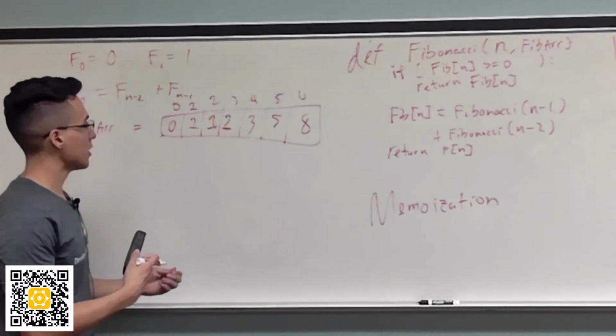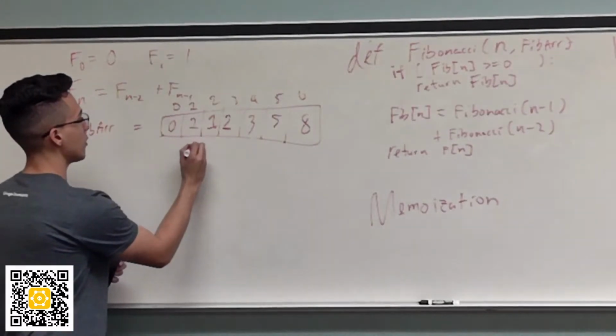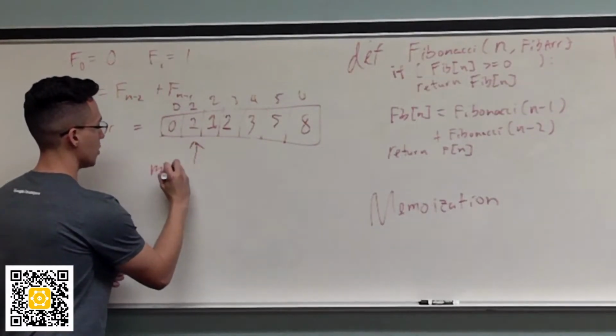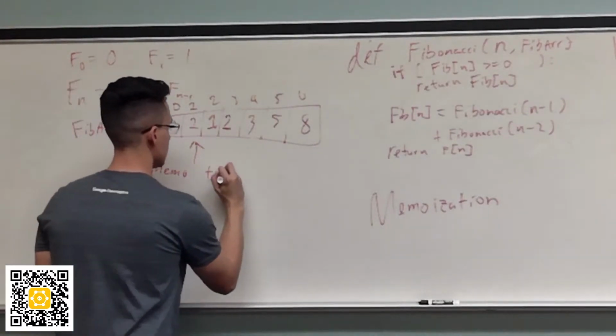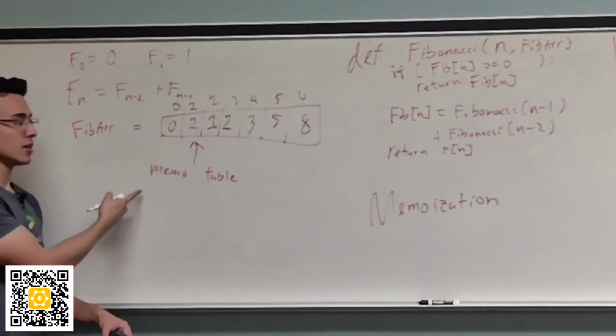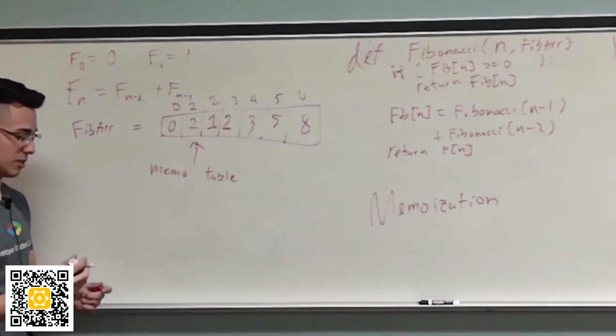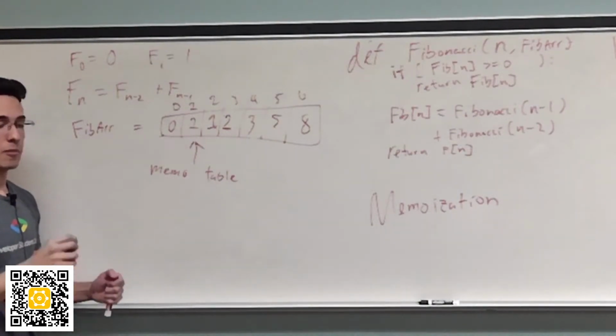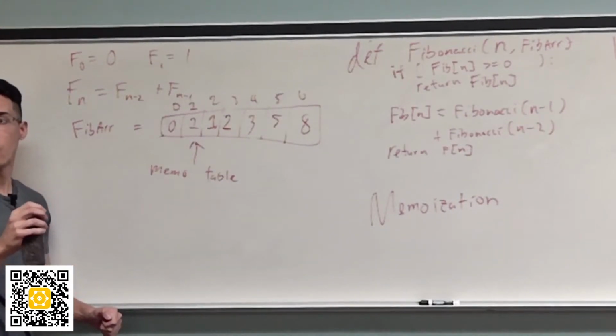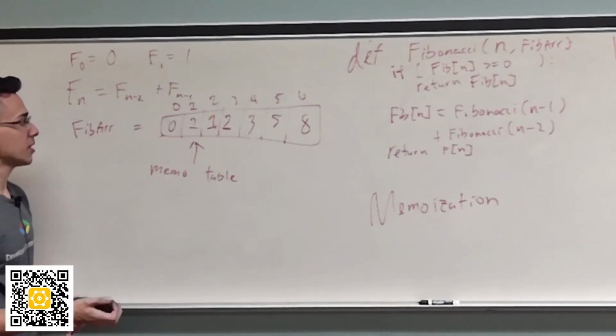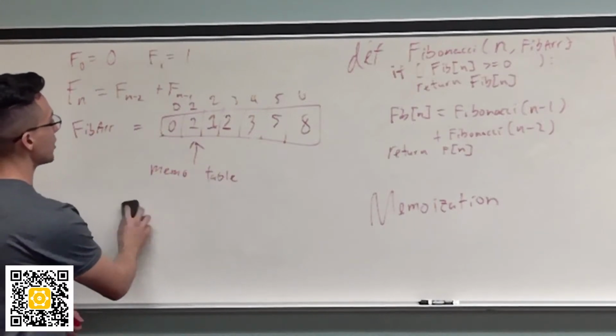Okay, so this array that we made would be called the memo table, right? That's what this is. This is the memo table because we want to make a memo of what we've already calculated. And then this is fib.